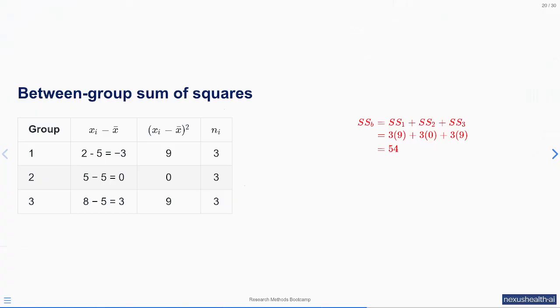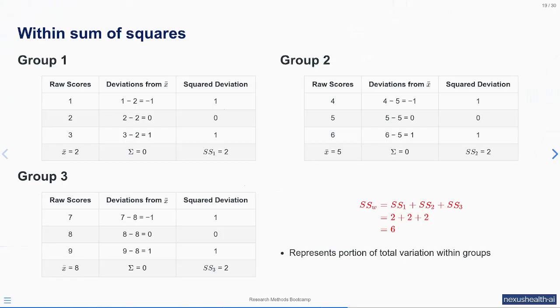And so, recall, we just calculated the total sum of squares, which gave us a figure of 60 and represents the overall variation. And we just calculated the within sum of squares, where we got a value of 6.